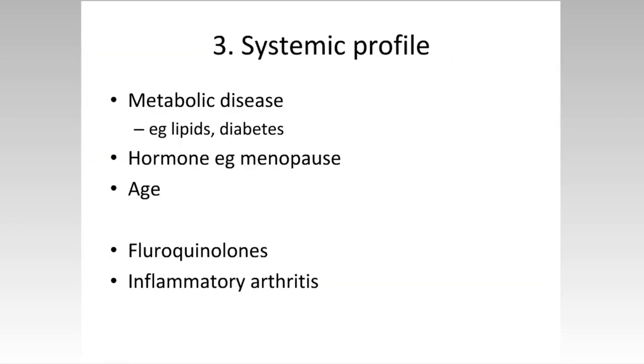Okay, the third thing to really hone in on is their systemic profile, and this tells you about the capacity of that tendon. So have they got any metabolic diseases or hormone issues that will predispose or reduce their tendon capacity? Their age is another factor. Fluoroquinolones and inflammatory arthritis are factors that can lead to real inflammatory type problems, where you have sudden onset bilateral severe tendon problems.